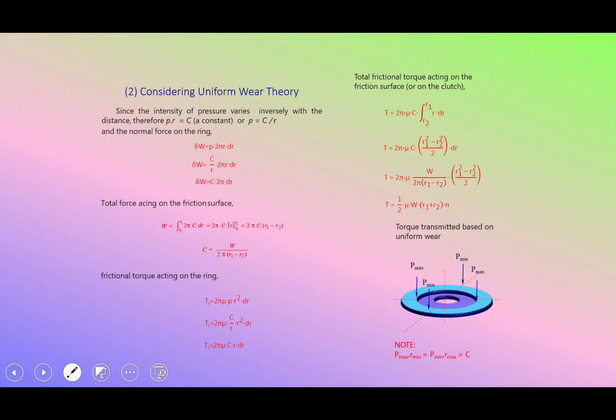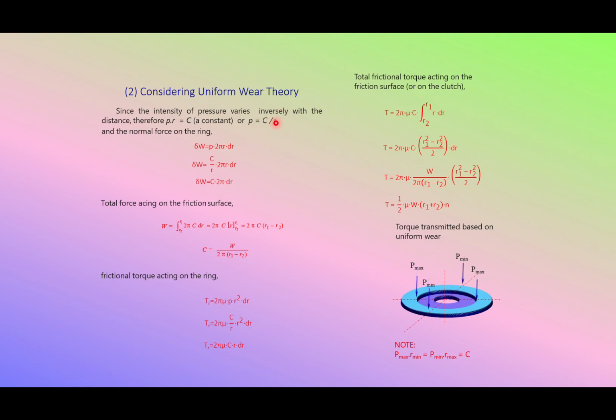Now when you refer to uniform wear theory, since the intensity of pressure varies inversely with distance, P times R equals C, then you can write P equals C over R. P is the pressure, R is the radius, and C is a constant. So as you can see, the pressure varies inversely proportional to the radius.